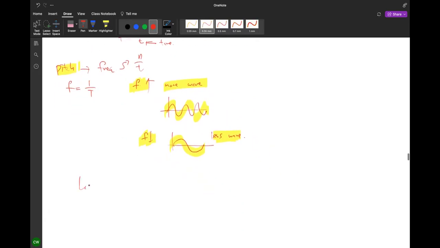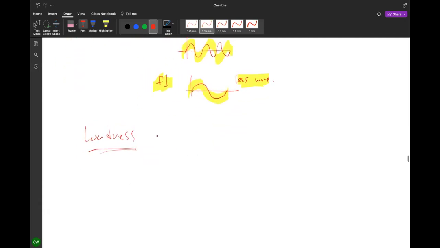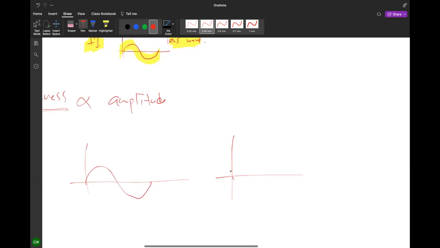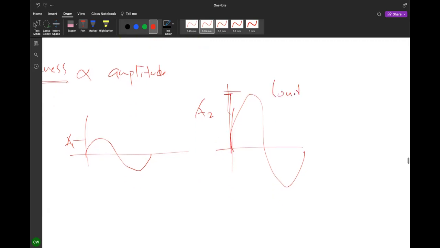Second thing is loudness. What is loudness? How loud? Loudness is related to what? Amplitude. So when you compare the sound, one like that, the other like that, this amplitude is smaller, this amplitude is larger. Larger amplitude, louder. Smaller amplitude, softer.